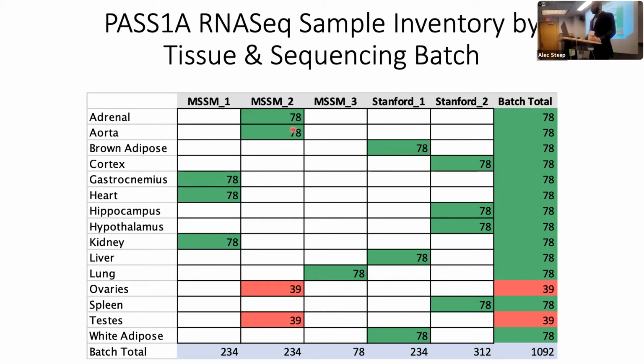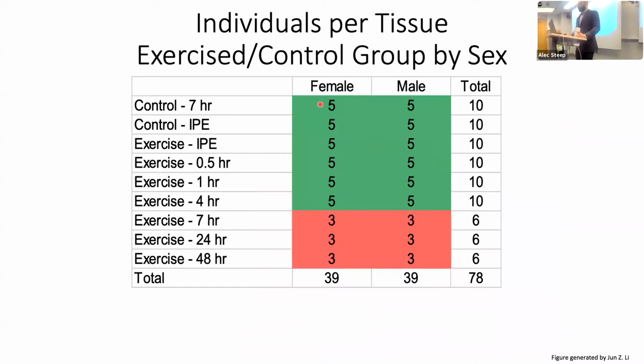Now let's just jump into one of these tissues and look at the distribution of sex and exercise and control group. So here we have our 78 samples, and we want to know how is sex divided? We see it's divided perfectly. It's totally orthogonal.